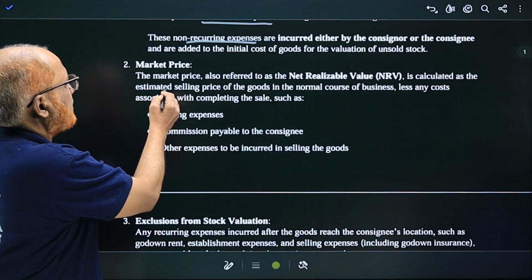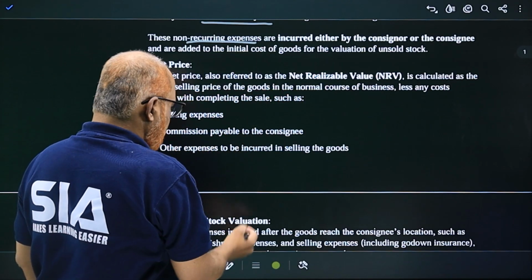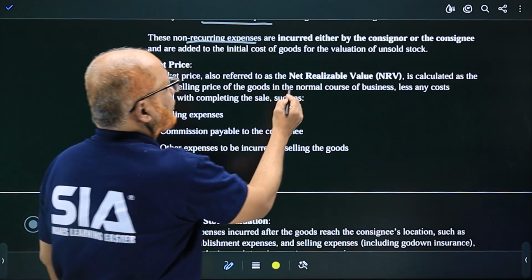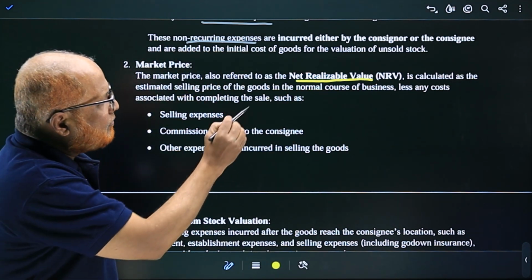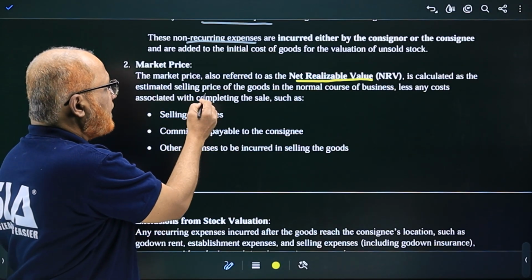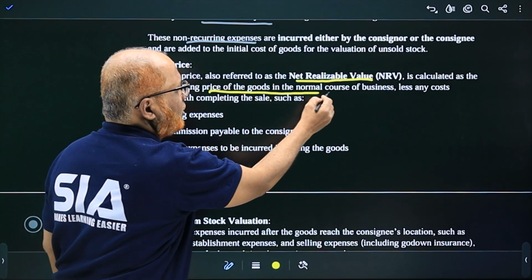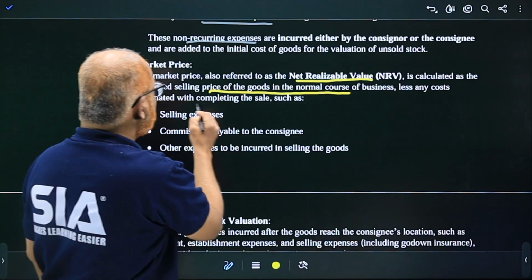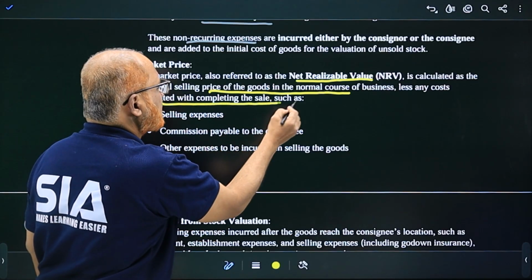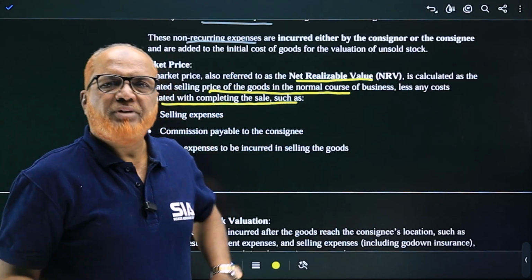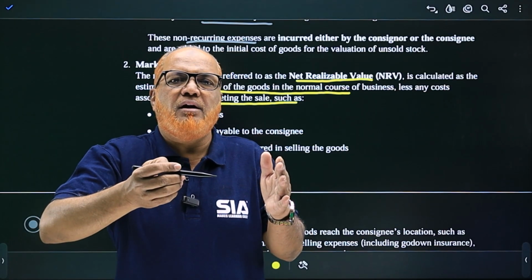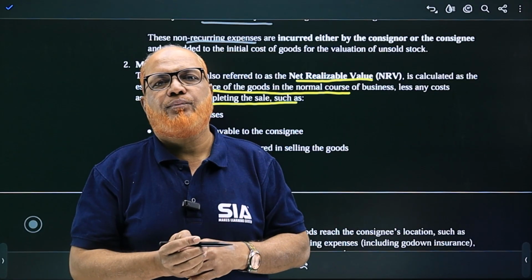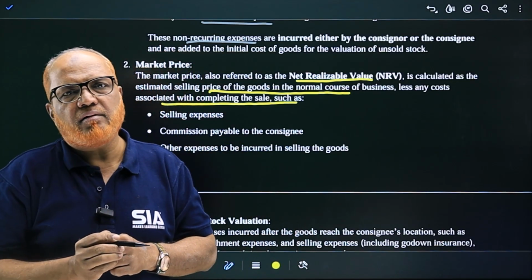The market price, also referred to as net realizable value, NRV, is the estimated selling price of the goods in the normal course of business, less any cost associated with completing the sale. That means the market price and the costs incurred to sell the goods. That is called net realizable value.